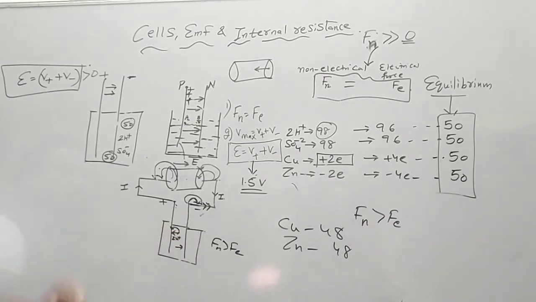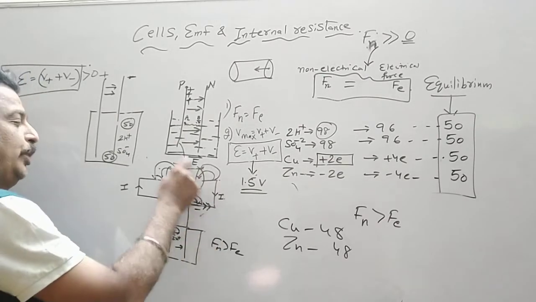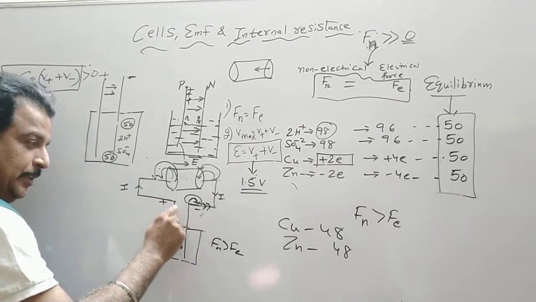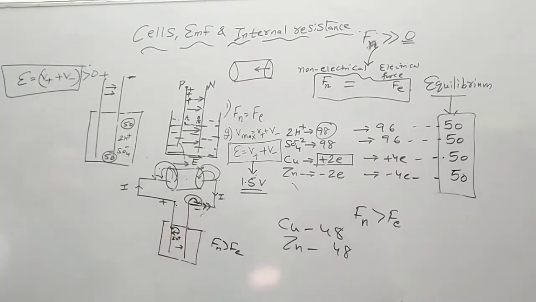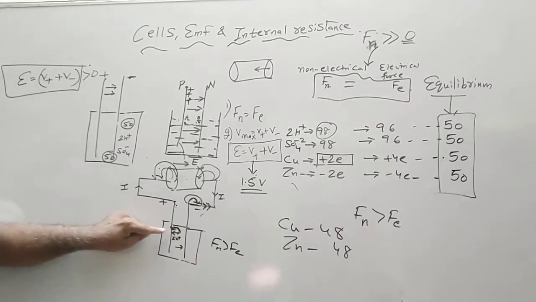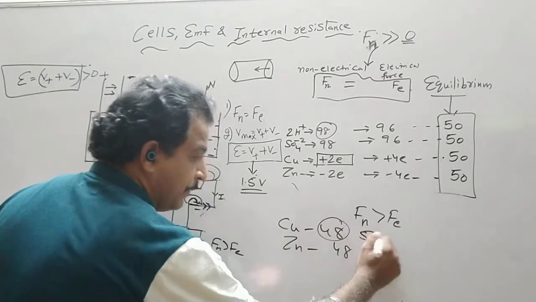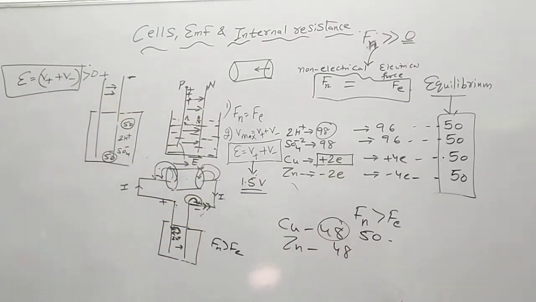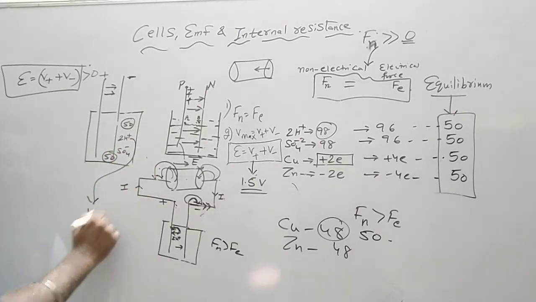So 2 electrons come out, 2 electrons come here, they become 48. Again H+ ions move and they give it a positive charge. Now again it becomes 50, and on the other hand H+ becomes 48.